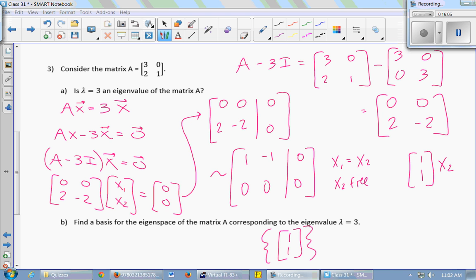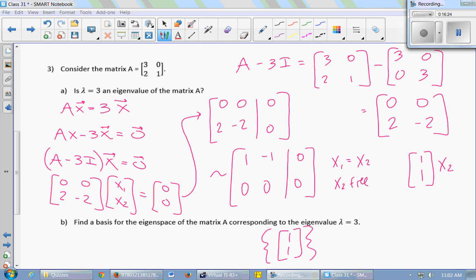There is an infinite number of eigenvectors associated with lambda equals 3. They are all of the form some scalar times the vector (1, 1). So one eigenvector associated with lambda equals 3 would be (1, 1), or (2, 2), or (3, 3).